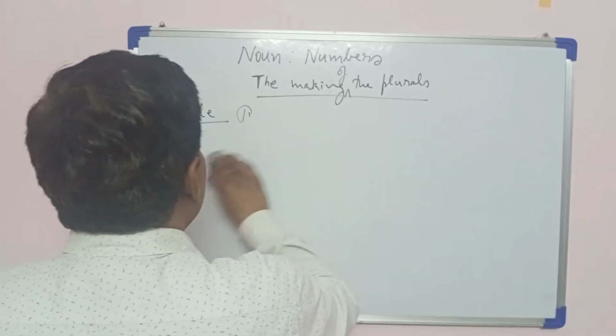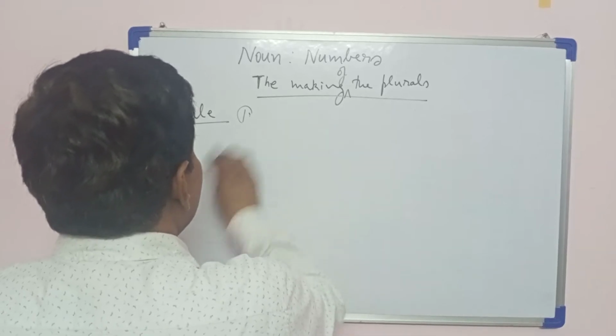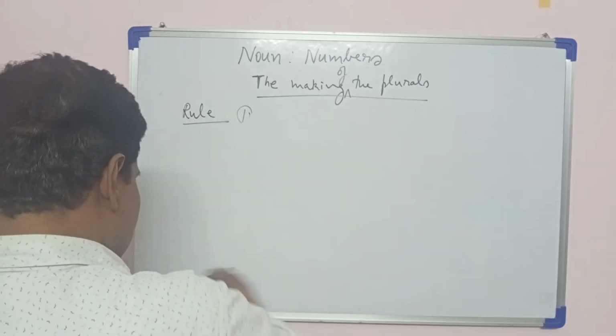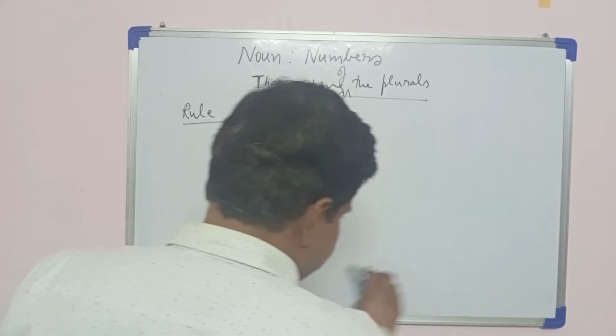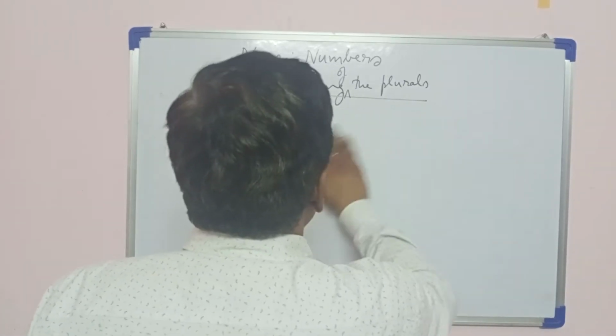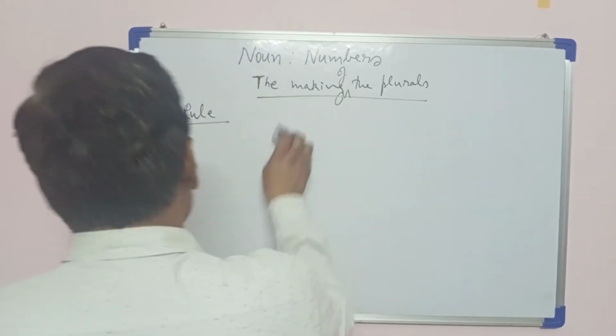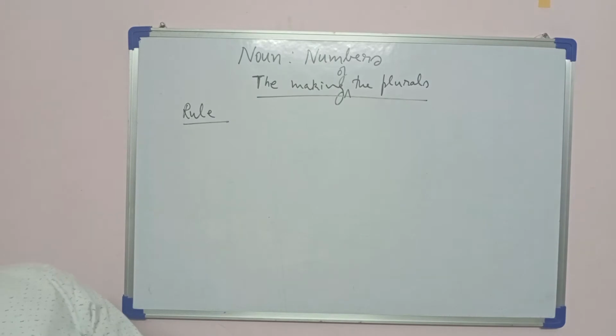Nouns like sheep, like deer, let's understand.